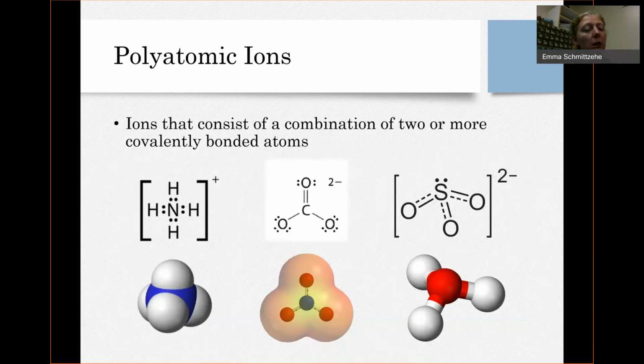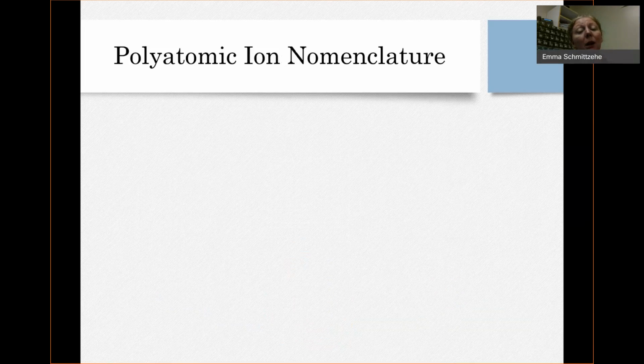So let's talk a little bit about the systematic of polyatomic ion nomenclature. There are some polyatomic ions that do follow a systematic, a regular pattern that can help you predict names of other polyatomic ions more easily, so you don't have to memorize them all or always rely on looking them up.